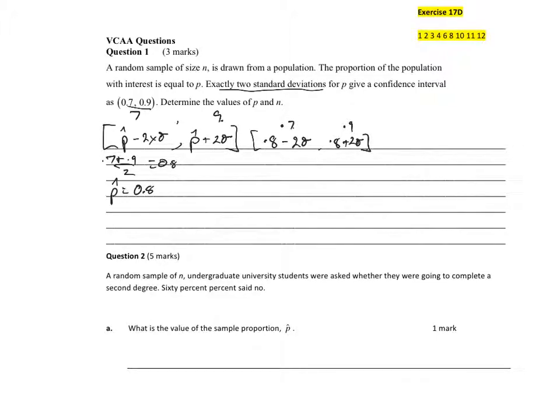If I go with 0.8 minus 2 times, well, what is the standard deviation? Square root of p hat times 1 minus p hat over n. That has to equal 0.7. So let's take the 0.7 across, the other one over. That means I'm going to end up with 0.1 is equal to 2 times the square root of 0.8 times 0.2 over n.